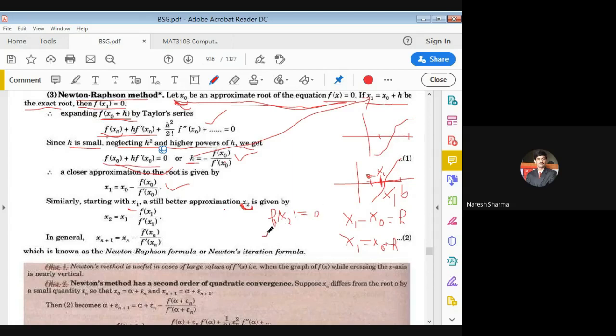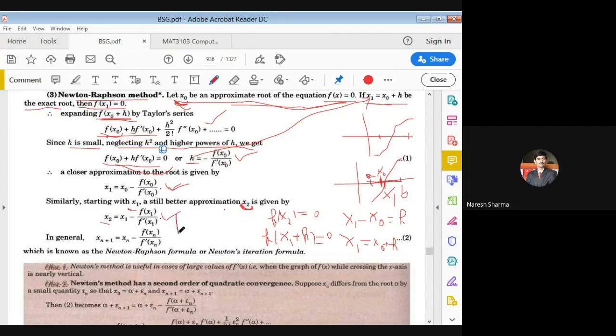In that case also we put it in the same way, x1 plus h. Again we expand the Taylor series on the left hand side, and neglecting the higher powers we get the same result, but the left side gives x2 and the right side x1 minus f(x1) divided by f dash x1.